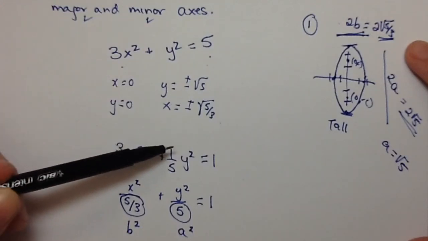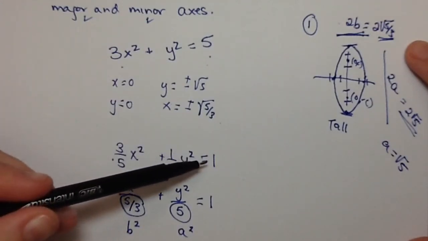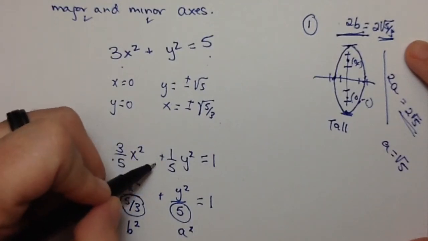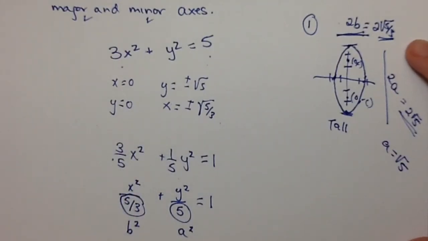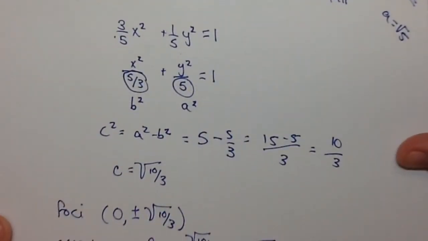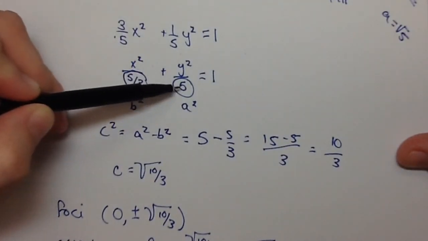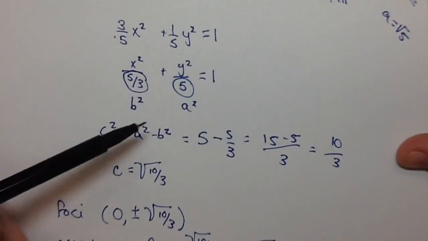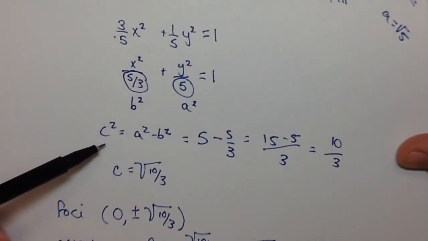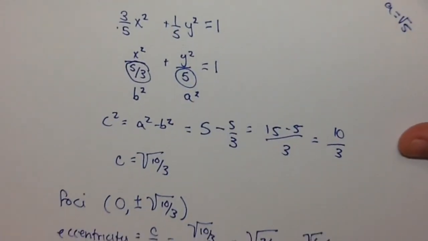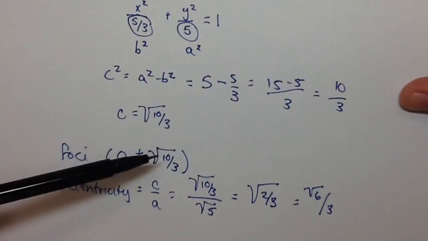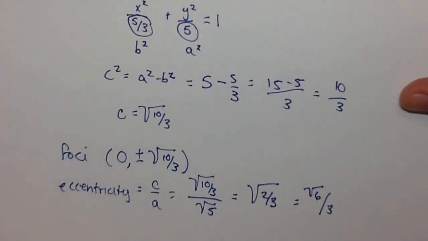Something times x squared plus something times y squared gives you 1. And guys, this plus is important because that tells you it's an ellipse. Then, knowing that the vertical axis is your major one, we know that this is A. We can use A and B to find C. C tells us the location of our foci, and we use C and A to find eccentricity.